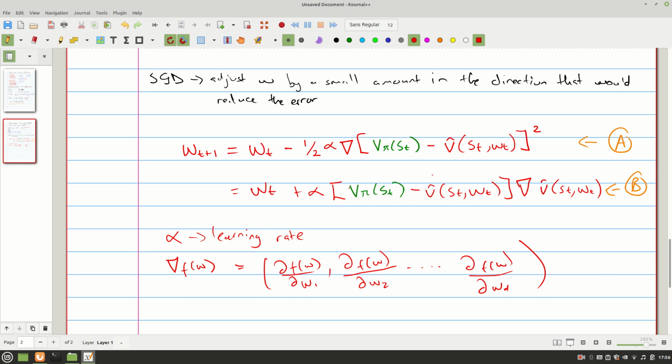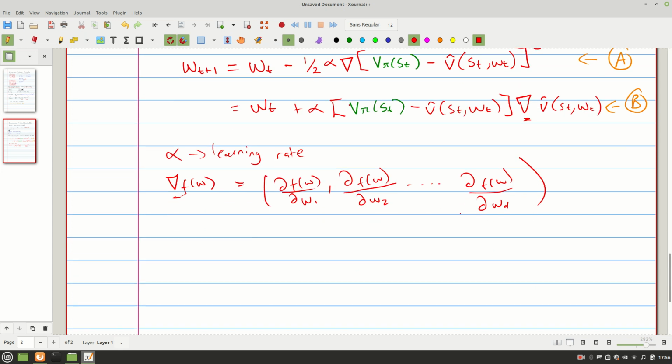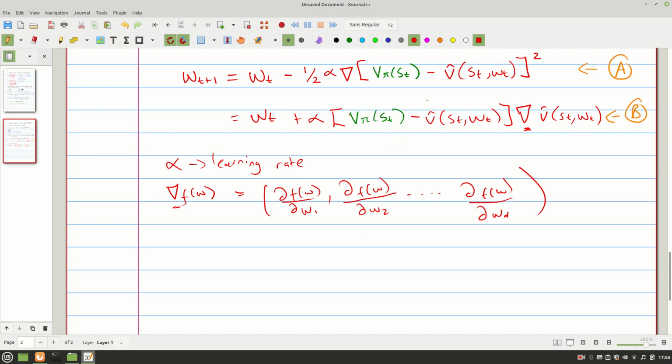So this is what this term means, just taking the partial derivatives here. And since we are moving in the direction proportional to the negative gradient, that's why this entire process is called gradient descent, right?